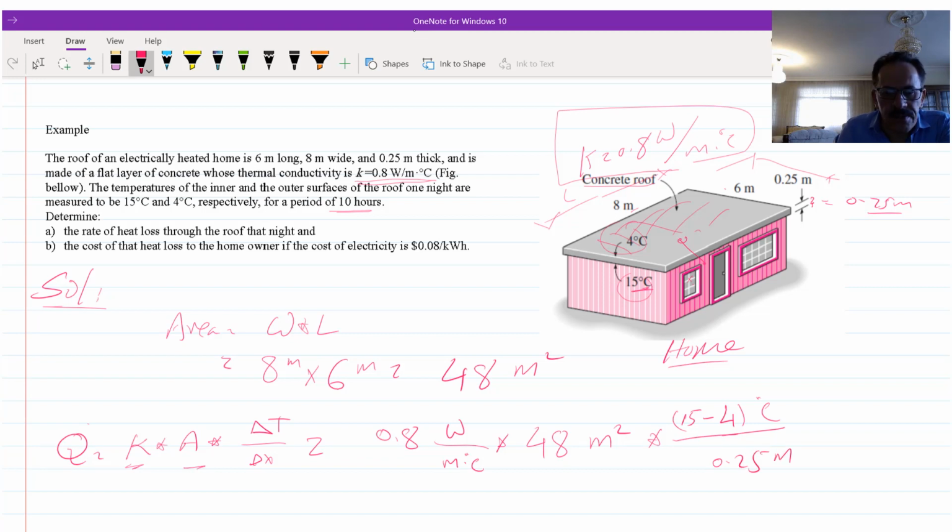Now the meter cancels with the meter squared, and degrees Celsius cancels with degrees Celsius. Now the Q, the amount of heat, will be in watts. It's 0.8 times 48 times 11 divided by 0.25.